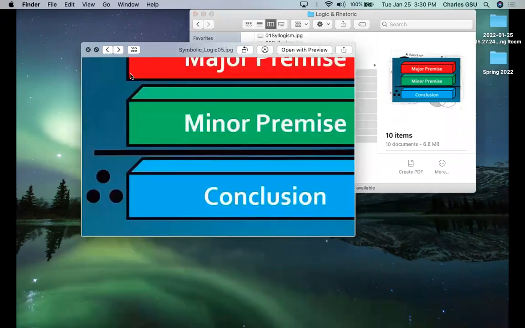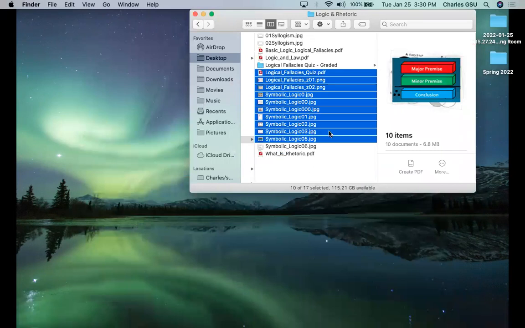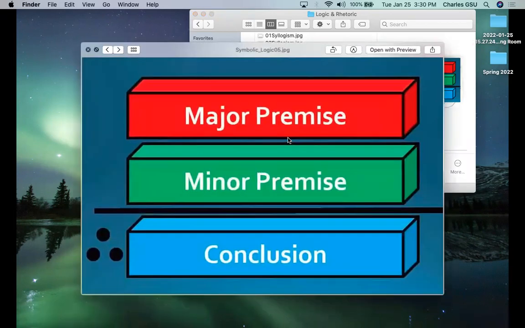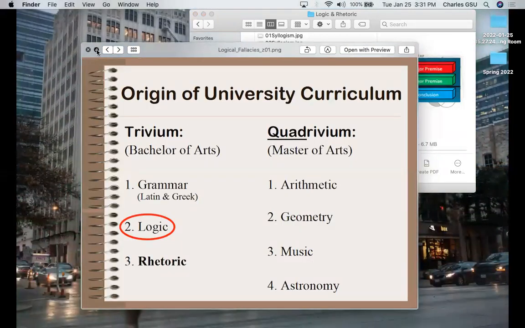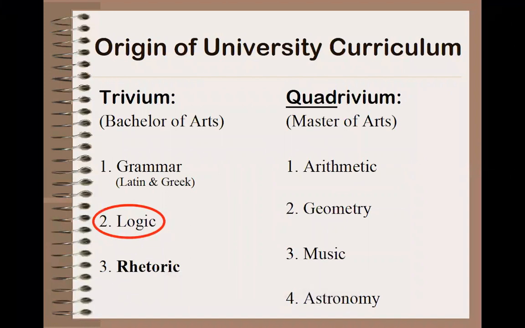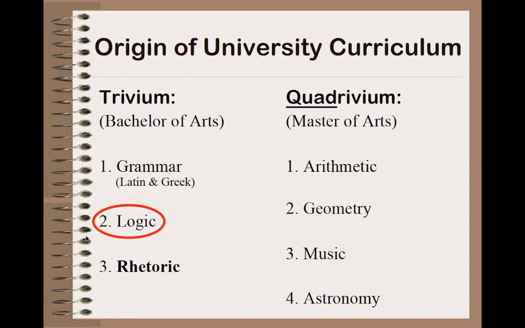You may recall that last video lecture we had a discussion about what is rhetoric, and I mentioned that if you were an undergraduate getting a Bachelor of Arts, you would have studied 3 course areas: grammar, logic, and rhetoric, which we talked about last time. But this time we're going to have a kind of crash course in logic.